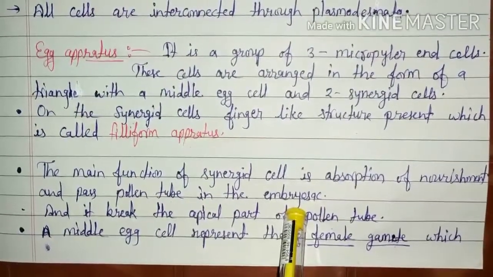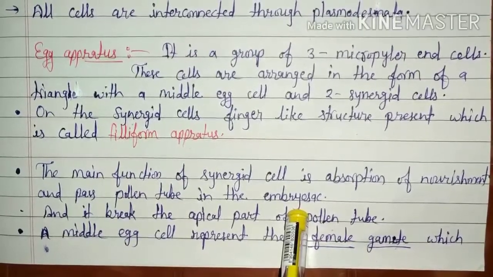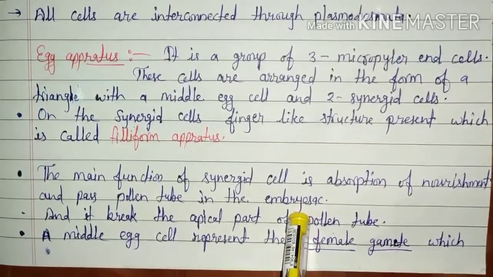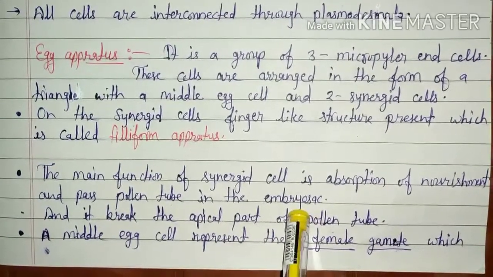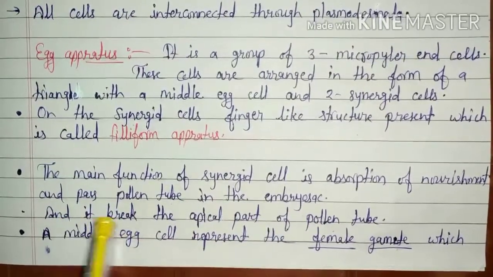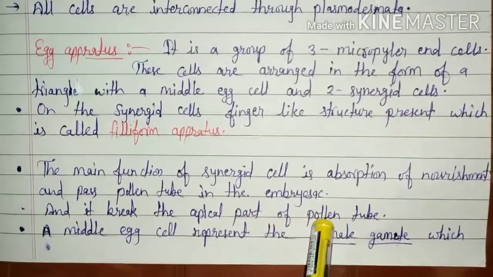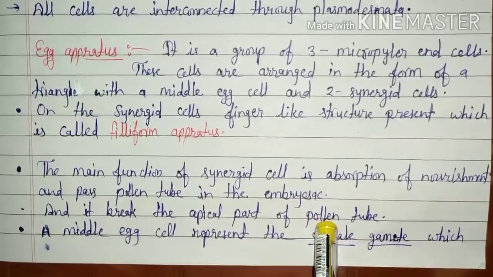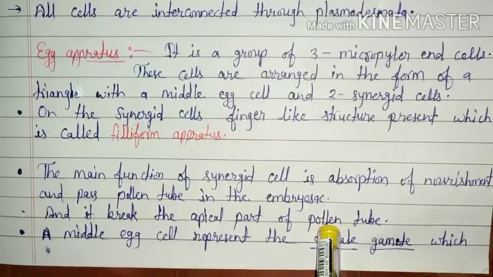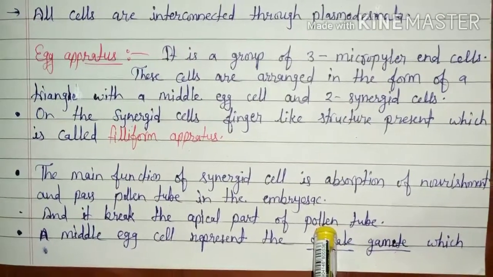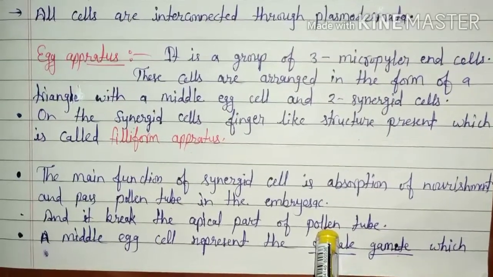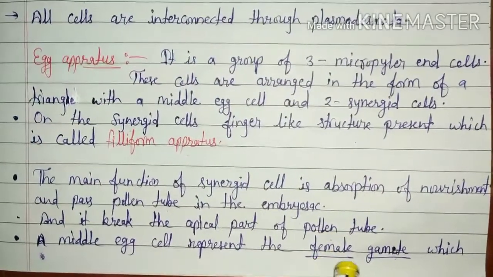It means filiform apparatus and synergid cells help the pollen tube entry, and it breaks the apical part of the pollen tube, resulting in 2 male gametes moving inside the embryo sac for fertilization.